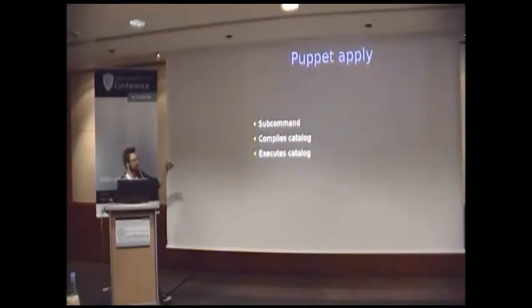The reason I say it's a subcommand is that all of these commands, the master, the agent, and apply, are all rolled into a single command, all called Puppet. And I think it makes sense since it does all the same things, so you might not want to split it out into 3 different binaries and then duplicate all the code.